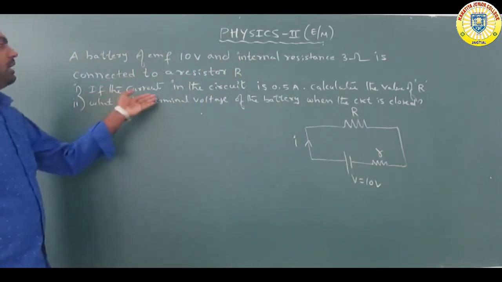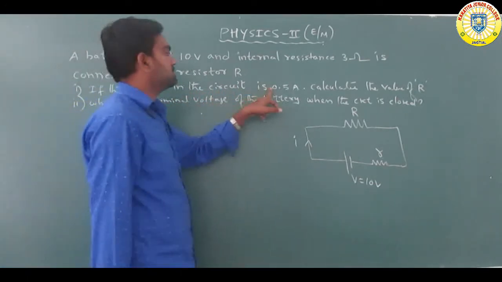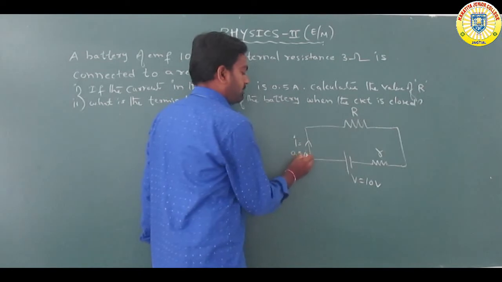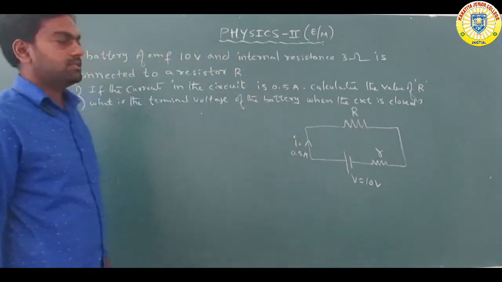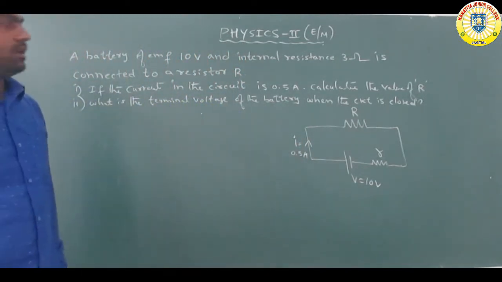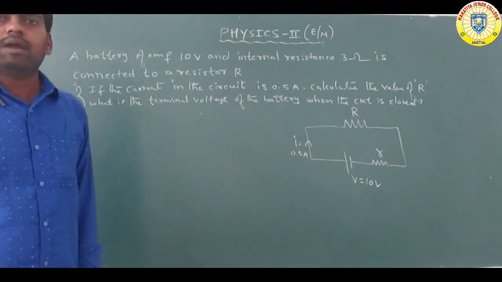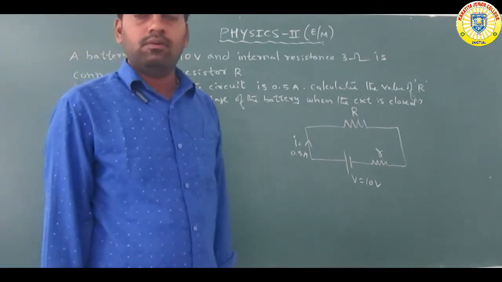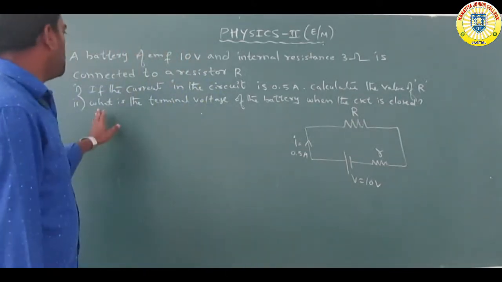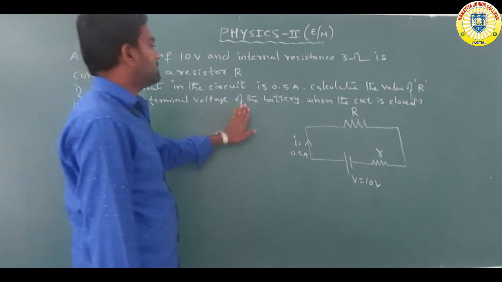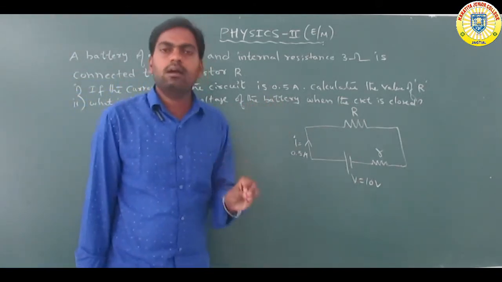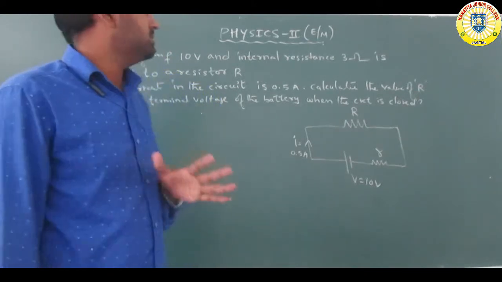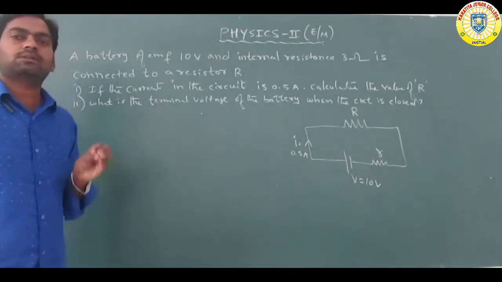If the current in the circuit is 0.5 amps, calculate the value of capital R, and what is the terminal voltage of the battery when the circuit is closed?